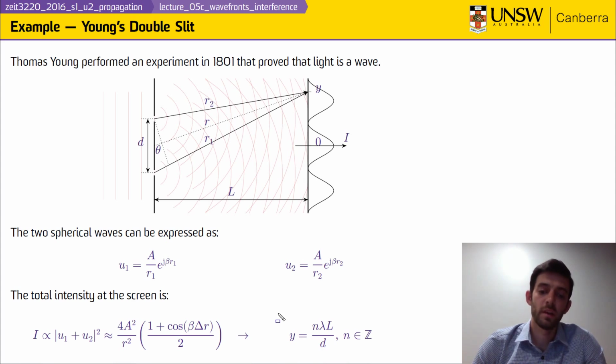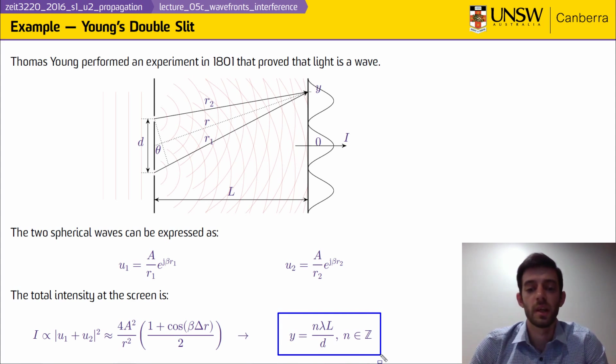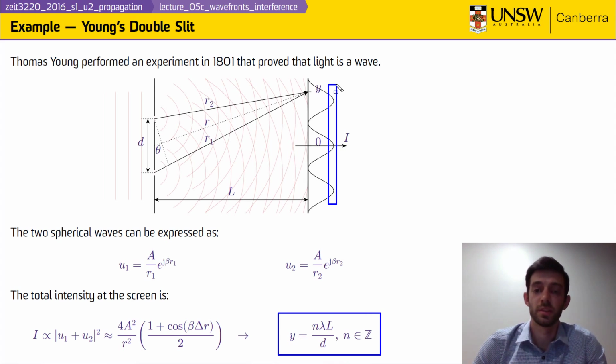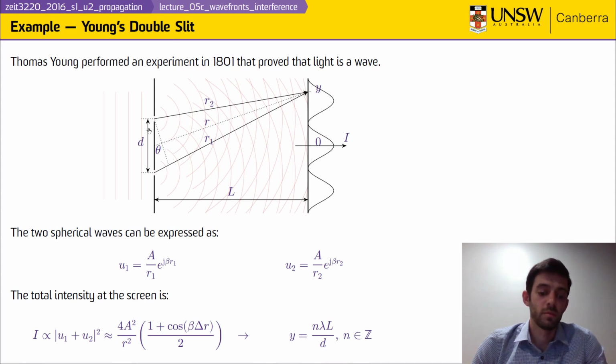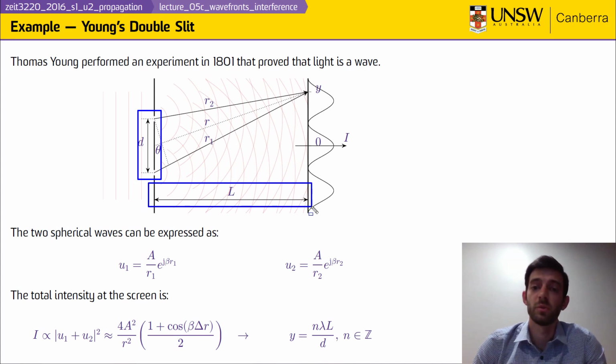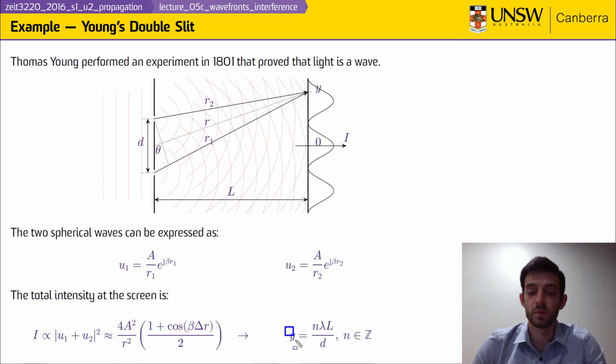And so what we ended up with is an equation that gives us the maxima locations along the screen. And because we're in control of D, we're in control of L, and we know what the wavelength of our light is, we can calculate those Y's pretty precisely.